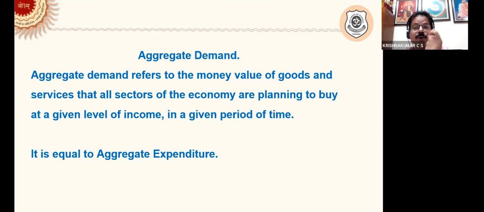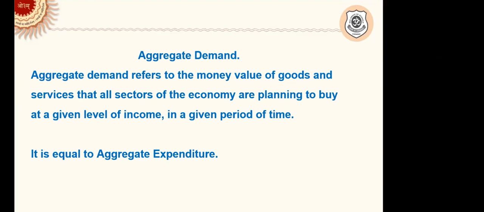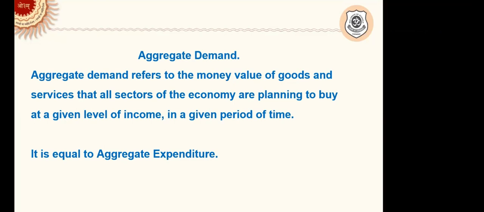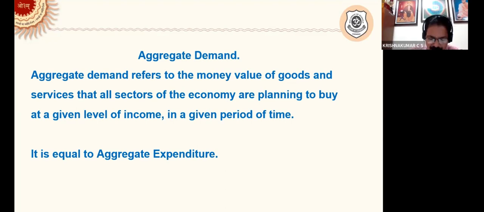So there is always autonomous consumption, and because of that, even at zero level of income, there will be aggregate demand. So raise these questions to them and have a discussion with them. And what will be the shape of the aggregate demand curve? How would the aggregate demand curve be?